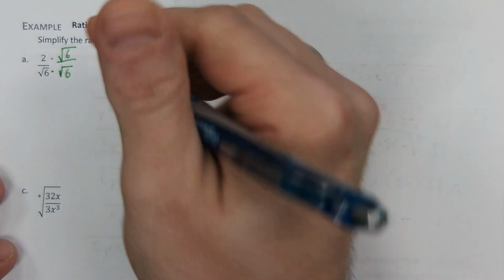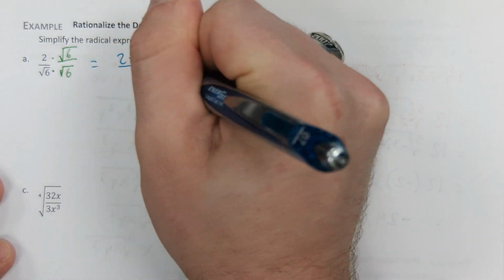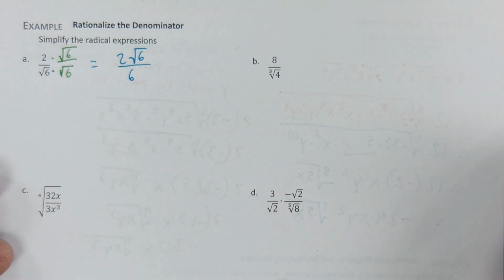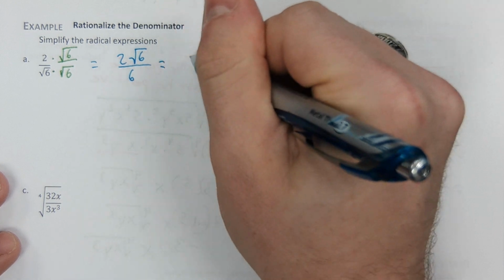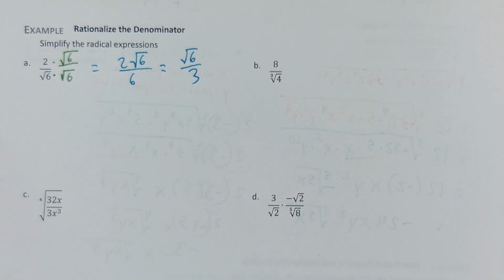What this is going to give you is a 2 root 6 over 6, which reduces to root 6 over 3. And it's finished. So the square root of 6 over 3 is the same as 2 over the square root of 6.